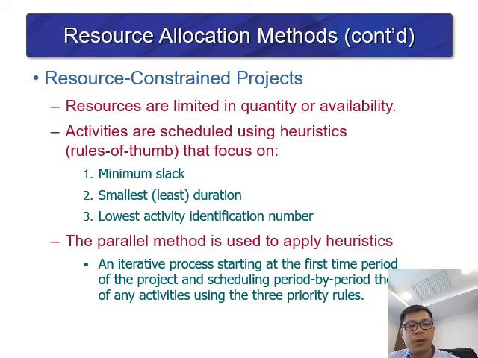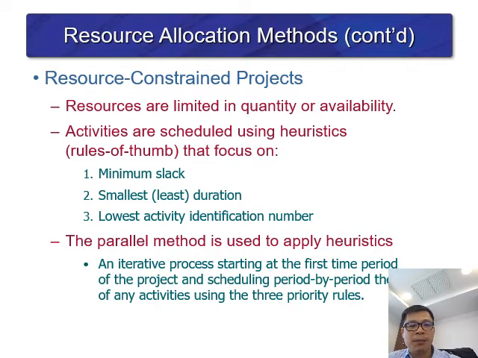Sometimes the project manager uses a rule of thumb, which means there is no benchmark. It's based on his or her experience or personal information, so he minimizes the slack time based on that experience.